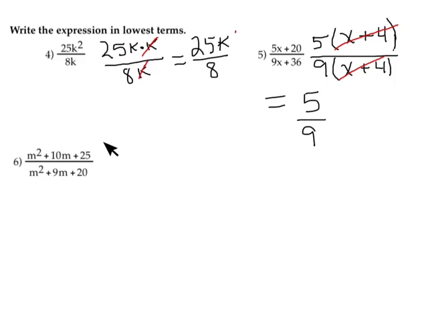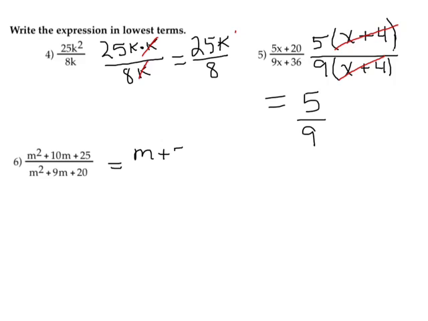We're looking for the factors of 25 such that when added, we get 10. The only numbers that come to mind are 5 and 5. I know that 5 times 5 is 25, and 5 plus 5 is 10.